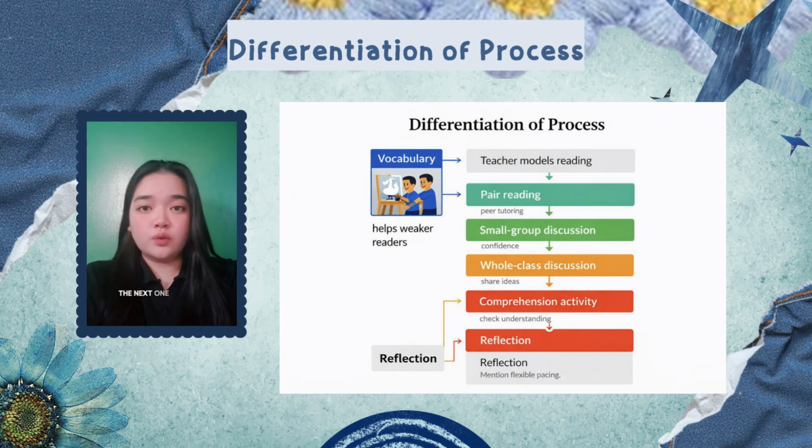The next one is vocabulary. Vocabulary helps weaker readers build word knowledge. Pair reading encourages peer tutoring and support. Small group discussion builds confidence through teamwork.